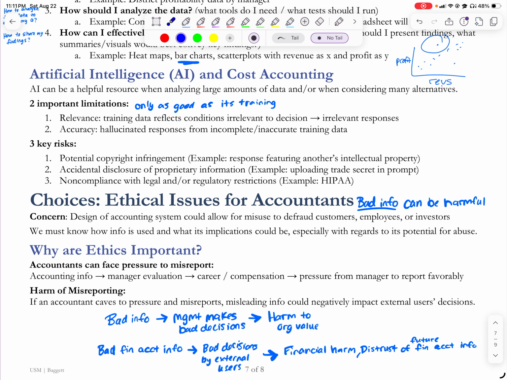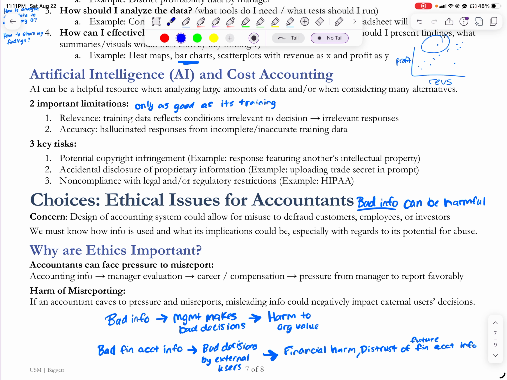Even then, you should bear in mind a few risks that you face when utilizing AI, when you're feeding your data into AI. One is the potential for copyright infringement. So the model might have been trained on data that included another party's intellectual property.